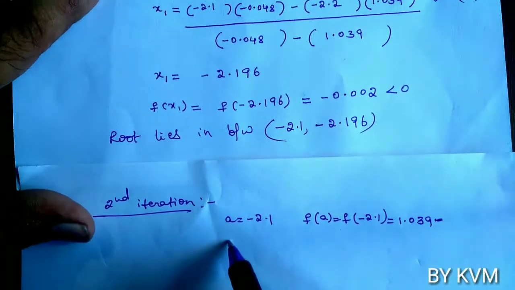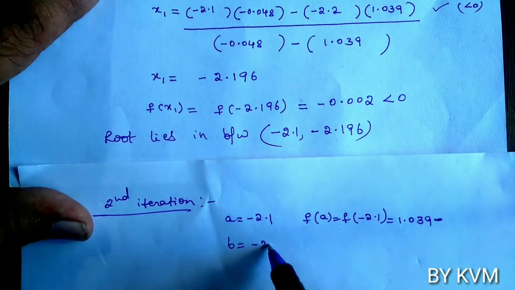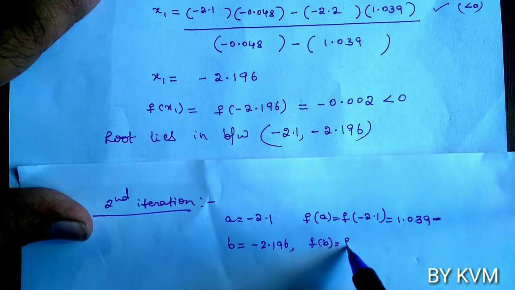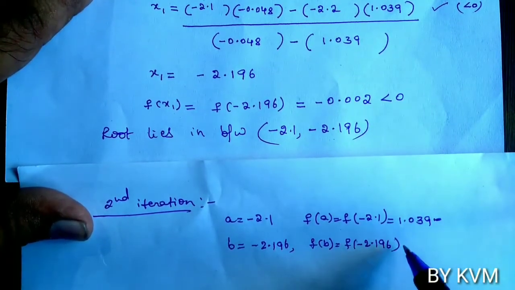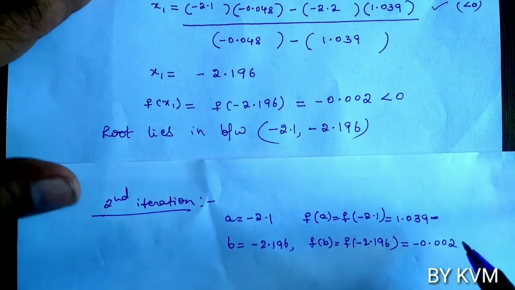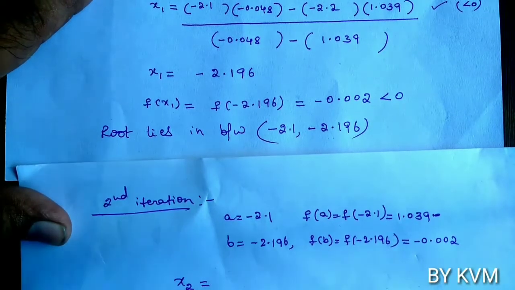Then take b equals minus 2.196, so f of b equals f of minus 2.196, which is equal to minus 0.002.